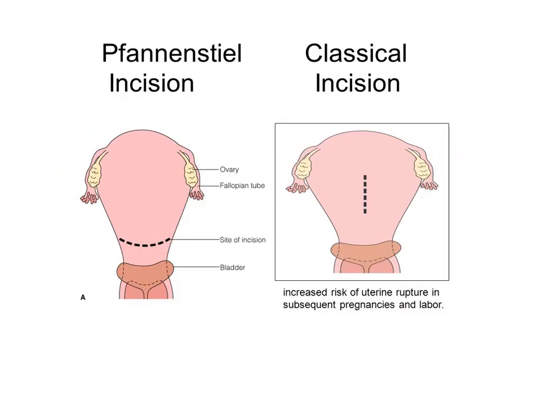This figure illustrates the sites of two types of uterine incisions. As you see from figure A, the lower segment one is a C-shaped incision that is made through the lower uterine segment, while the classical one is a vertical incision that is made in the upper uterine segment.